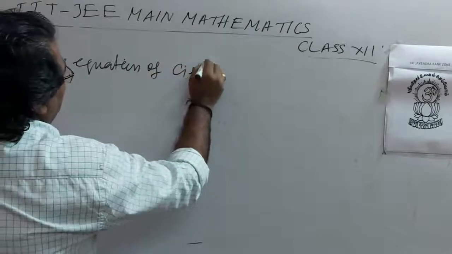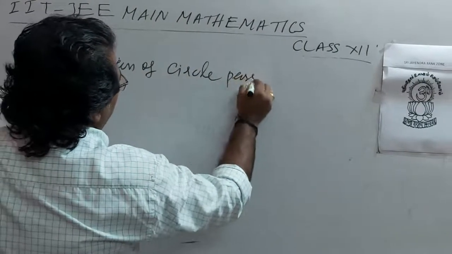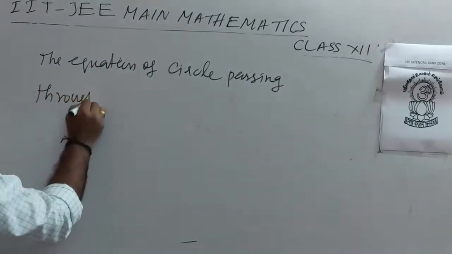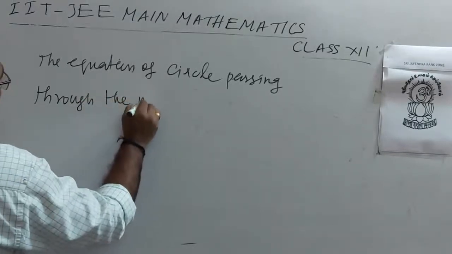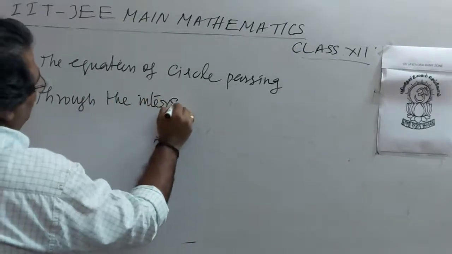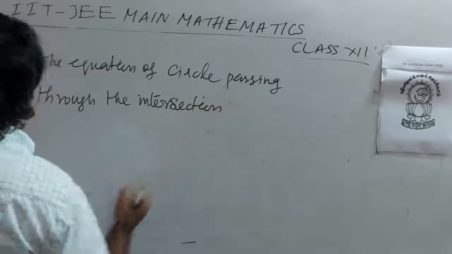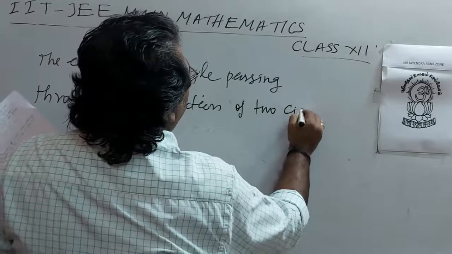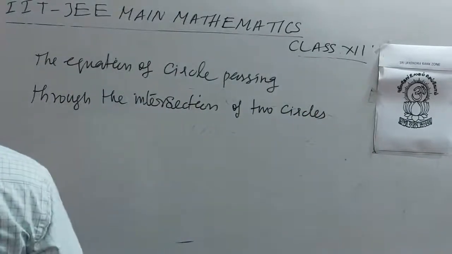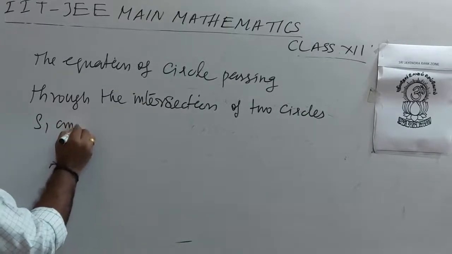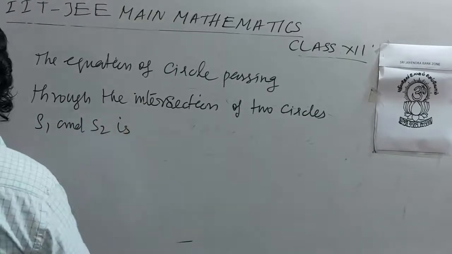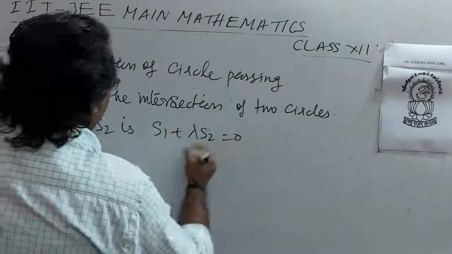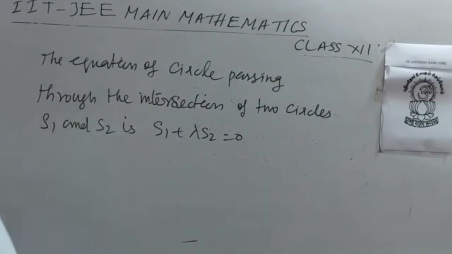The equation of a circle passing through the intersection of two circles S1 and S2 is S1 plus lambda S2 equals 0.